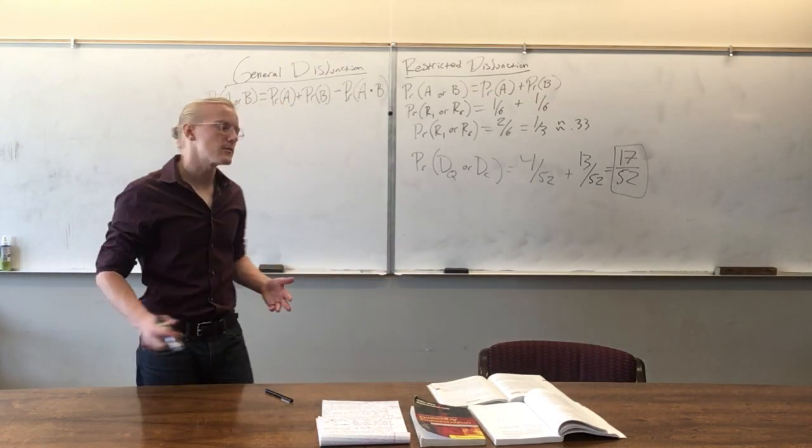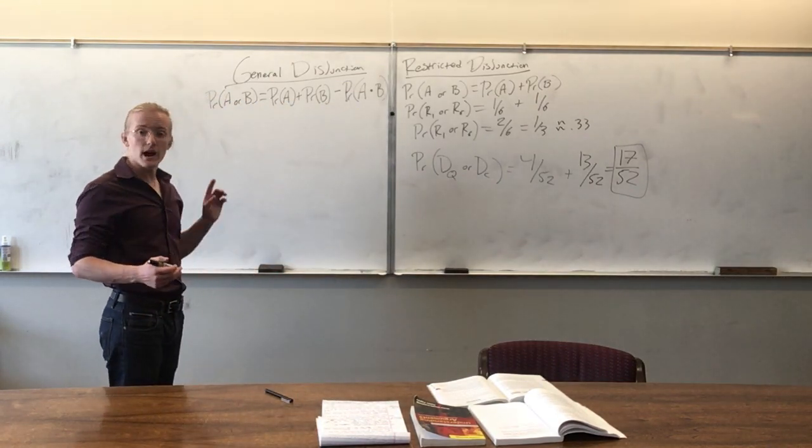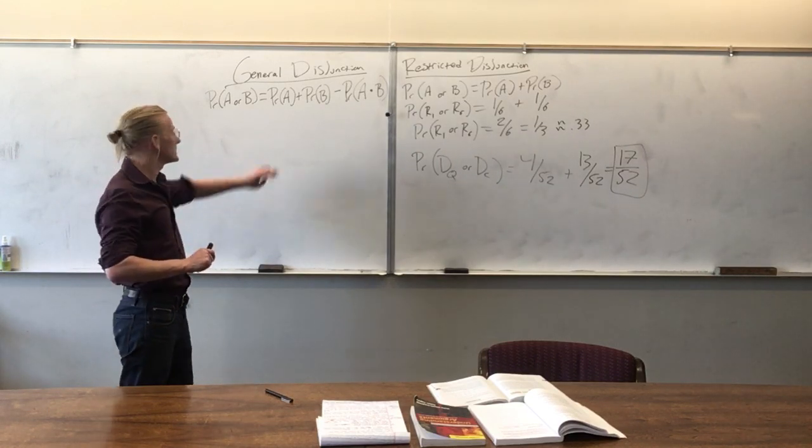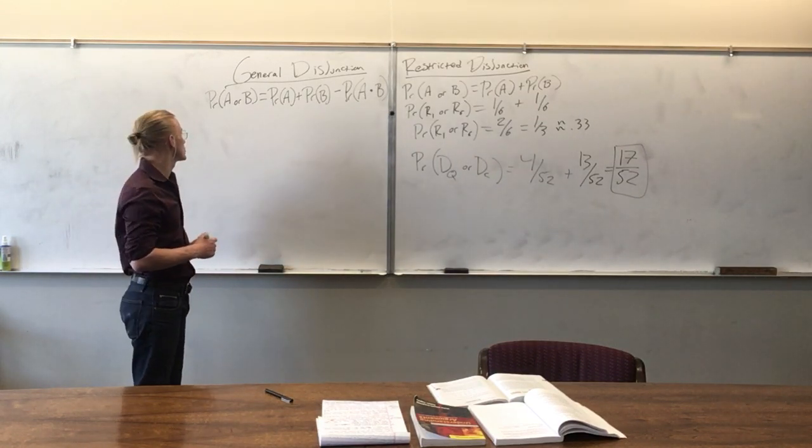Okay, so let's ask the same question. What's the probability of drawing either a queen or a club using our general rule of disjunction?